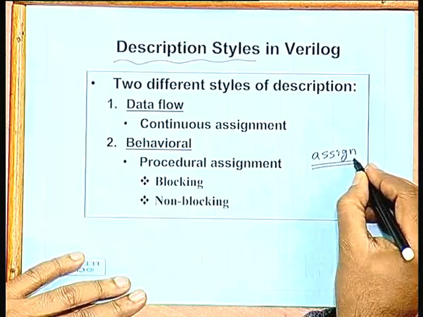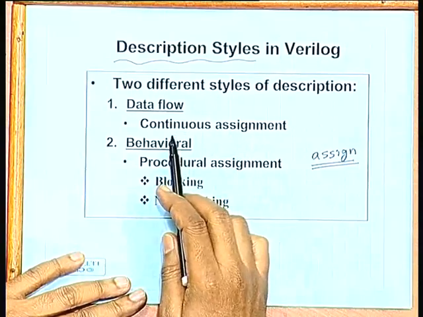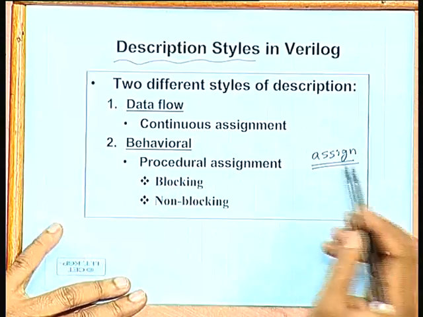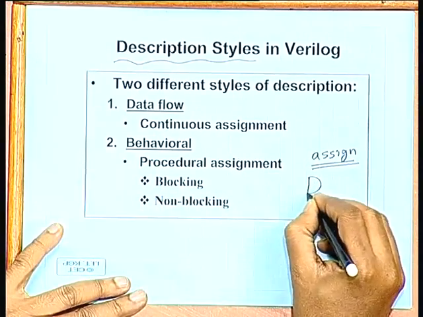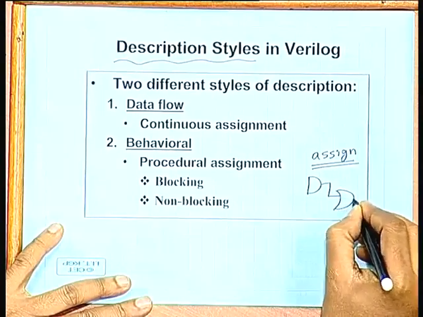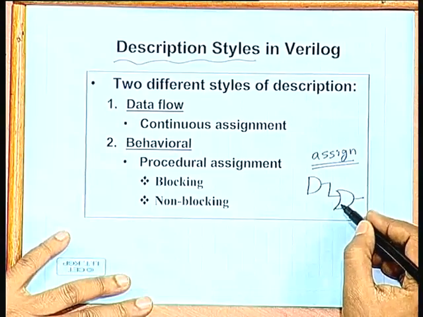The assign statement is an example where we are making a continuous assignment on a net type variable, and we had mentioned that this kind of style is typically suited for modeling combinational logic, where the output of a gate may be driving continuously the input of another gate. There is nothing like clock or anything else involved.